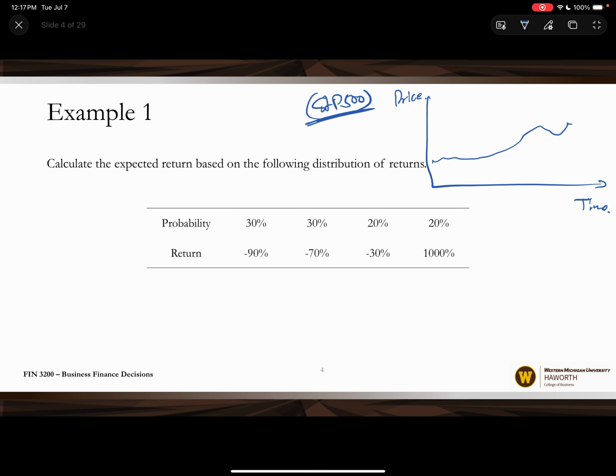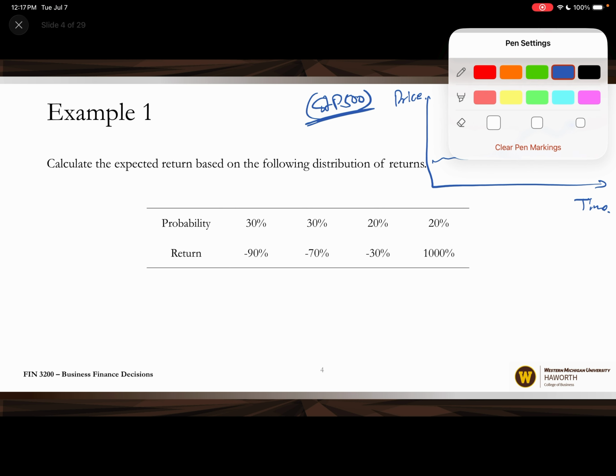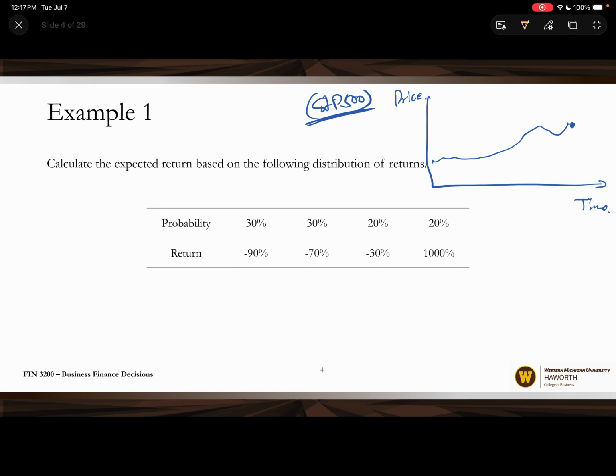So we can't say, for example, let's say we're right here and we're trying to see what will happen to the stock price in the future. Let's say at this point in time, we're trying to look into the future and see what will happen to the future stock price.